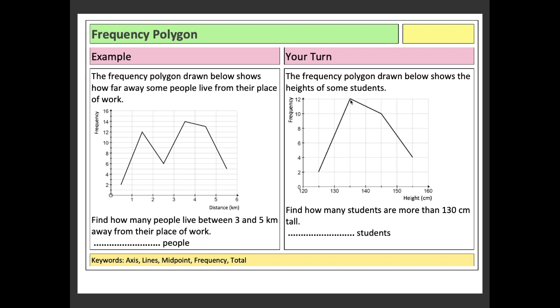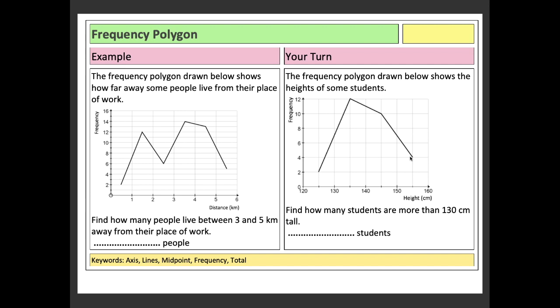So my first point is 12 there. My next point, where it's changing direction, is this one here between 140 and 150, which is 10. So 12 plus 10. The last one here is between 150 and 160, which is this point here, which is 4.